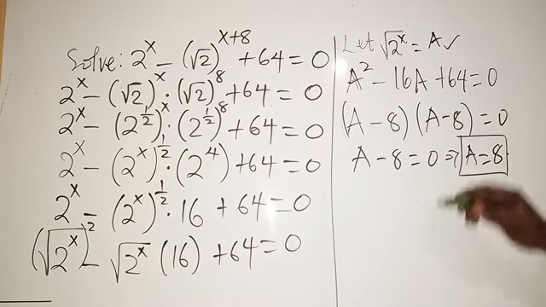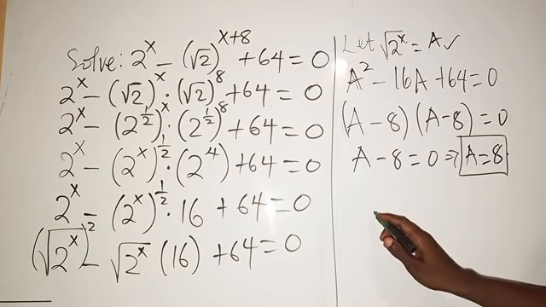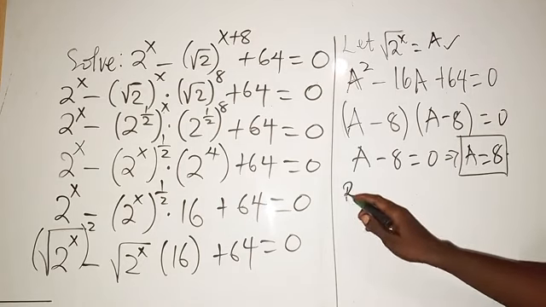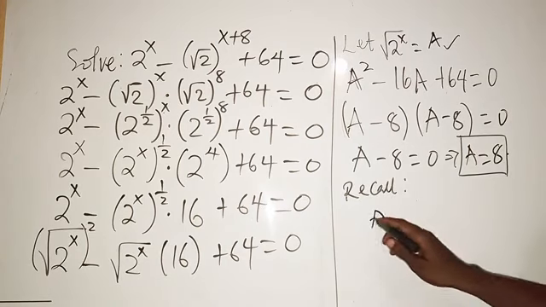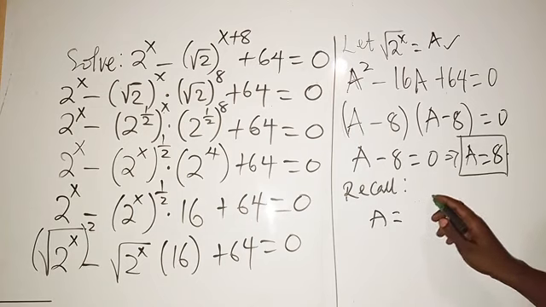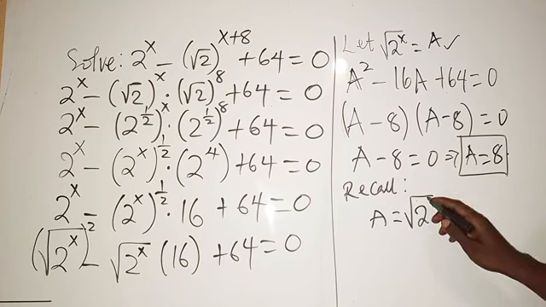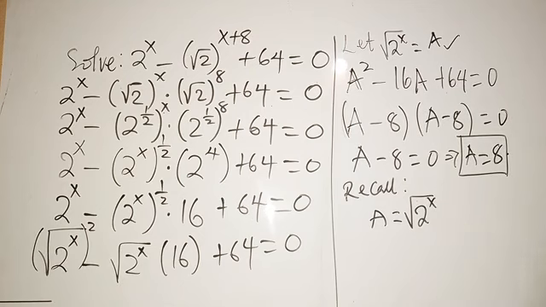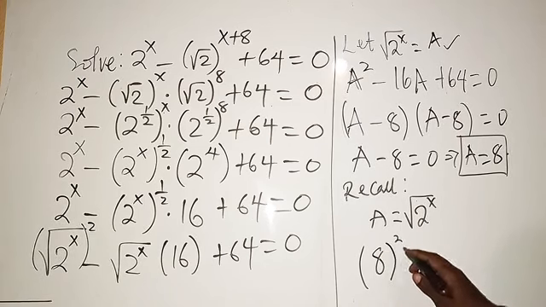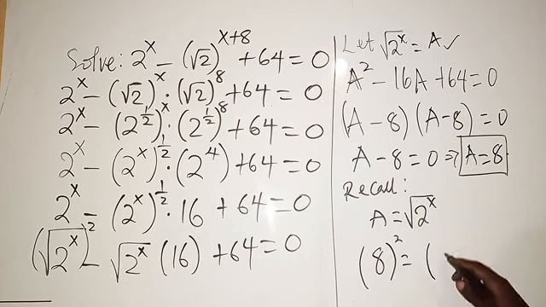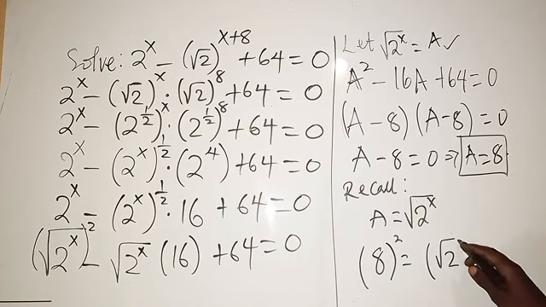From here, recall that a equals root 2 to power x. So because a is 8, I have 8 all squared equals root 2 to power x all squared.